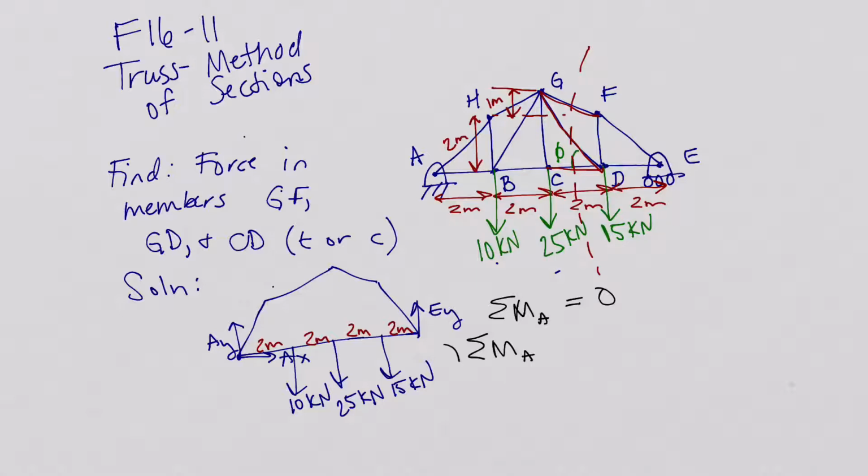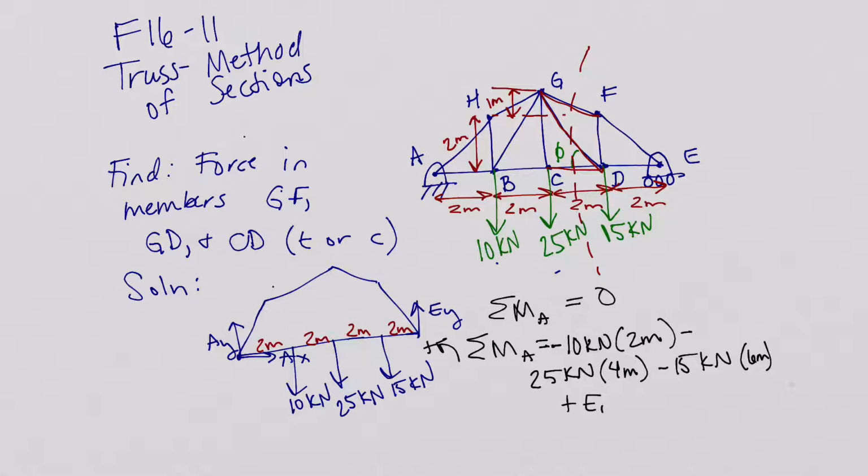So the sum of the moments about A, with out of the paper being positive, equals negative 10 kilonewtons times 2 meters minus 25 kilonewtons times 4 meters perpendicular distance minus 15 kilonewtons times 6 meters plus EY times 8 meters, and that's going to equal 0.